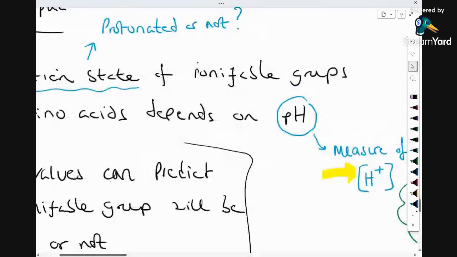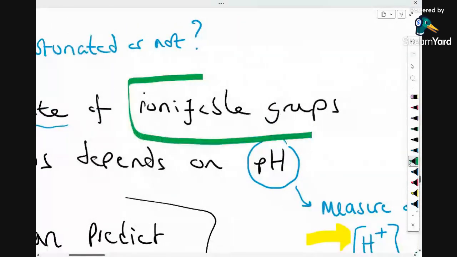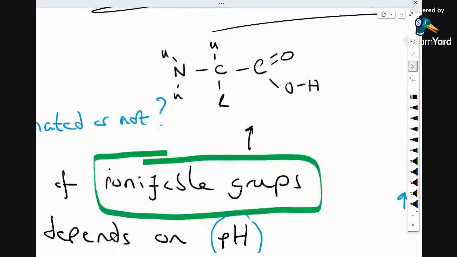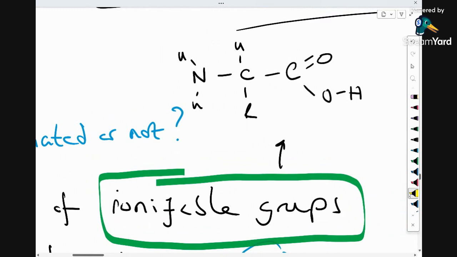The only other thing to mention before we get cracking with this is that by ionizable groups, we of course have come across this already. In your amino acid, you've got 2 ionizable groups that I mentioned. Right? You've got your carboxylic acid group and your amino group.